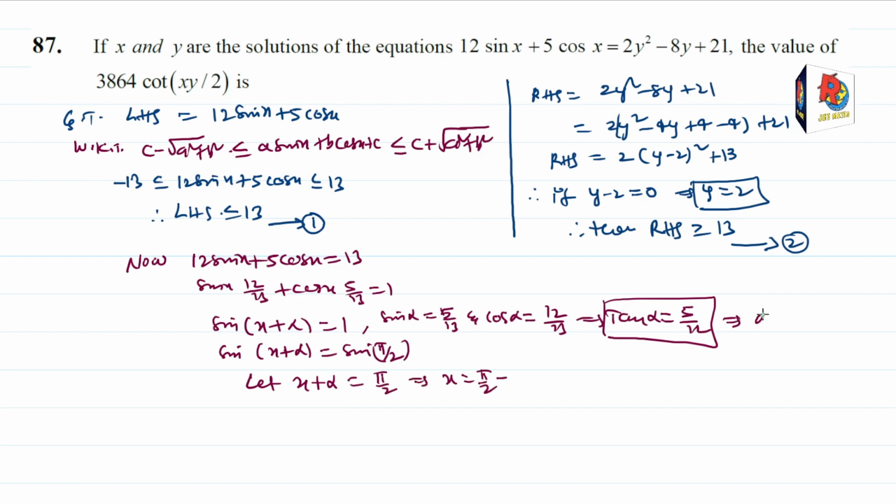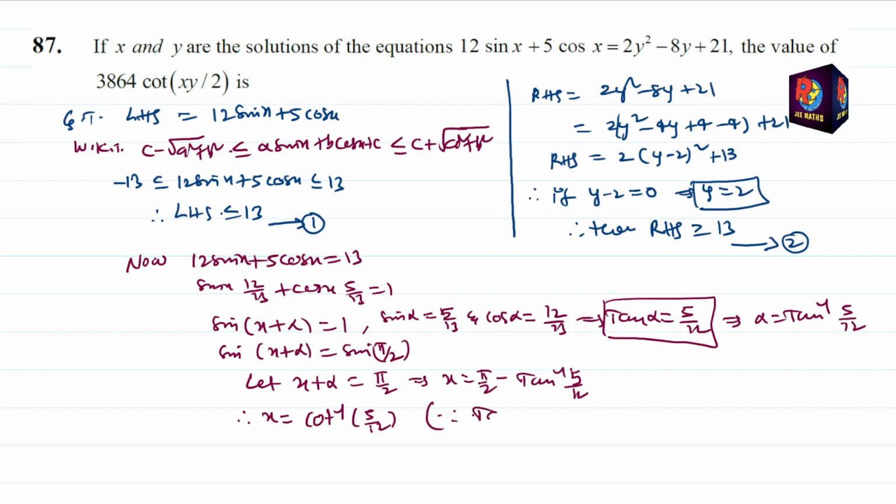From this, alpha equals tan inverse 5 by 12. So therefore, x equals pi by 2 minus tan inverse 5 by 12, which will be cot inverse 5 by 12.